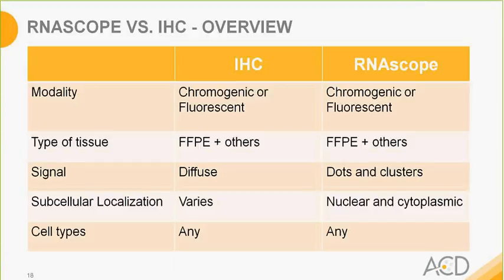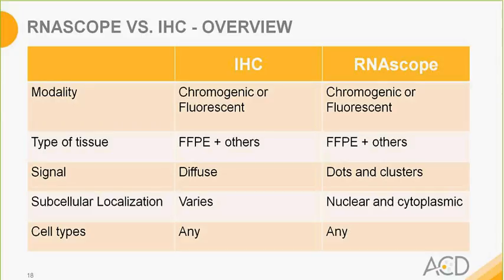Moving on to RNAscope scoring, let's start with a quick comparison of RNAscope and immunohistochemistry. Both can be performed in chromogenic or fluorescent assays. Similarly, both can be performed on formalin-fixed paraffin-embedded tissue, the predominant type of tissue used in research, as well as other types of tissues fixed with other modalities. The signal observed for most IHC studies is a diffuse signal, whereas the signal seen in RNAscope studies consists of dots and clusters.